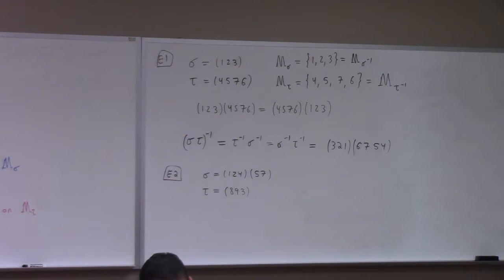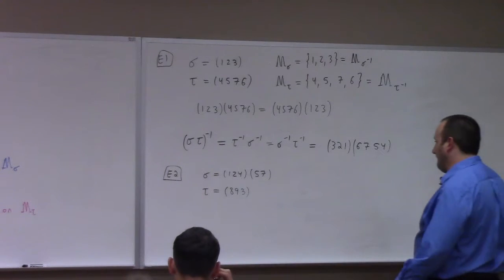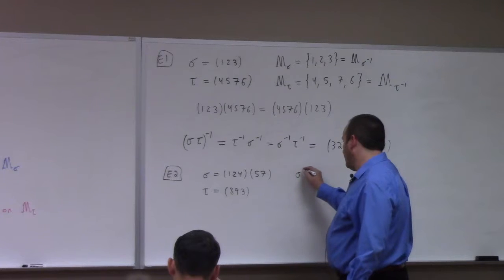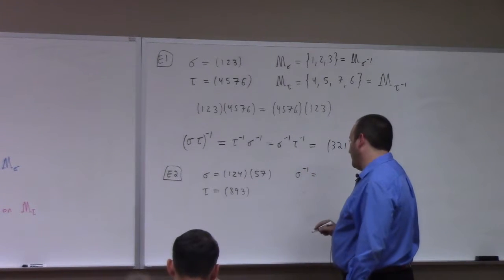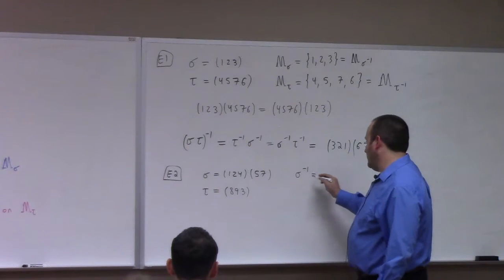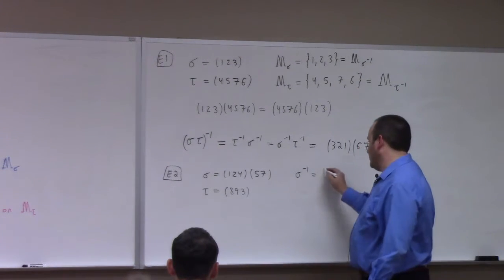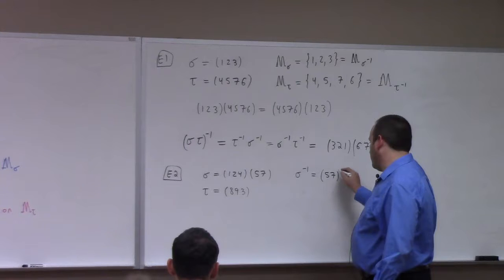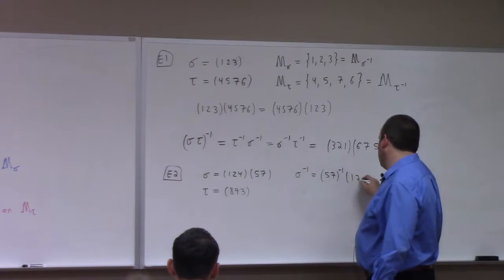So my question then is, what's sigma inverse? I think you got the right idea, sock shoes. So this inverse should be 5, 7 inverse times 1, 2, 4 inverse, right?